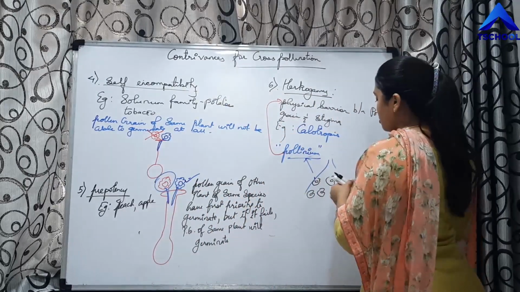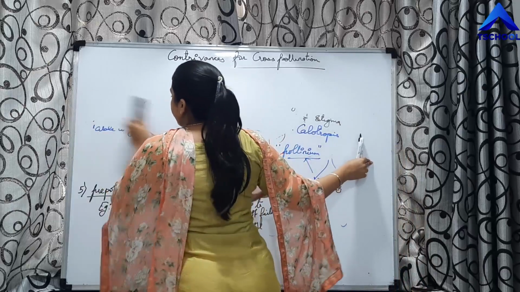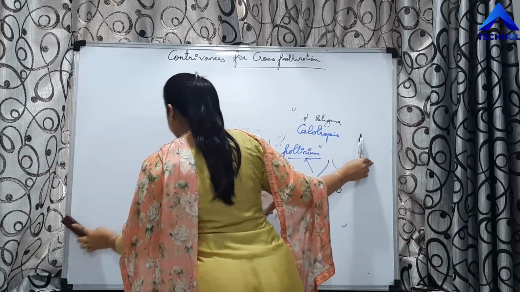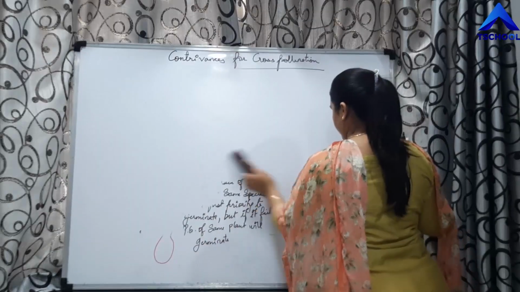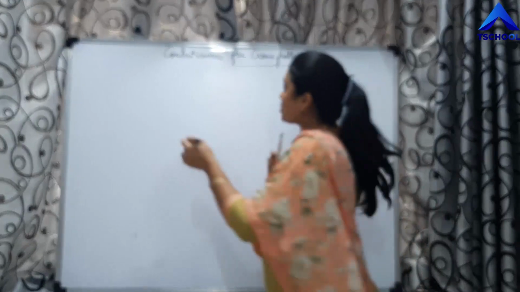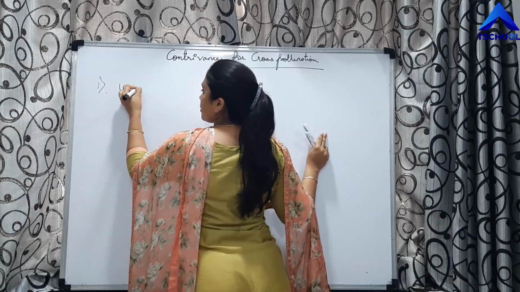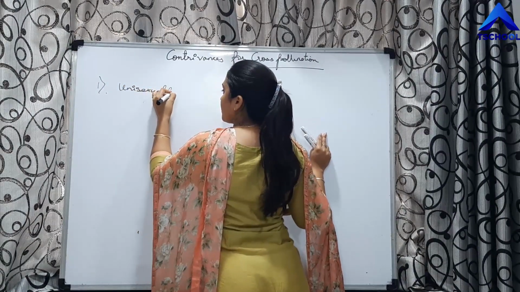And so these are the contrivances or adaptations which the plants make to favor cross-pollination. Which are those? So which contrivances we have learned? We will quickly revise it. Which are the adaptations for cross-pollination? First is unisexuality.